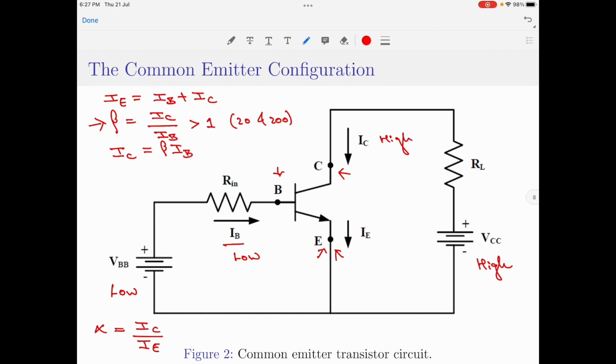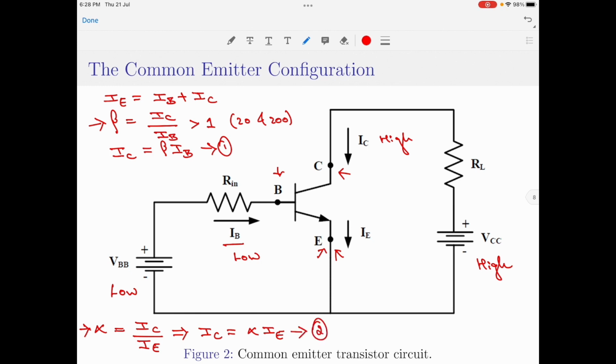In a very similar fashion, if I rewrite the equation for current gain of common base configuration, I would get IC equal to alpha IE. So, you see that IC is beta IB, I will call it equation 1, and IC equal to alpha IE, I will call it equation 2.